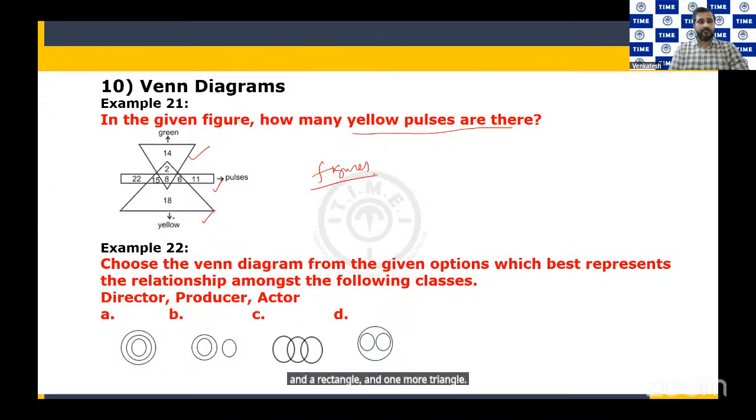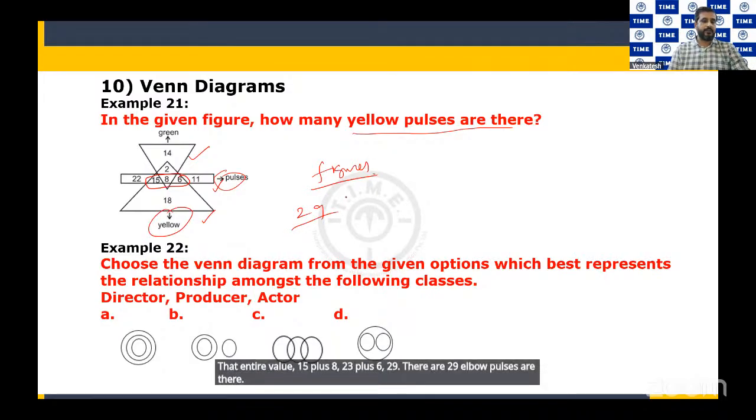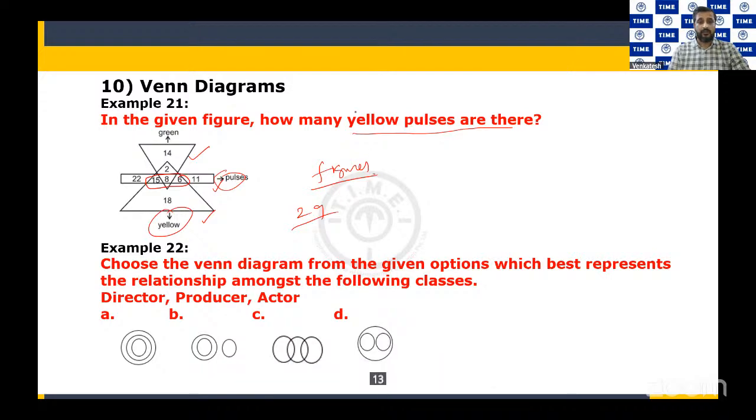Yellow pulses. What is the combination? 15, 8, 6. That entire value, 15 plus 8 is 23, plus 6 is 29. There are 29 yellow pulses. That's it. It is not said that they are only yellow pulses. It could also be green. Nothing wrong in that. Okay.